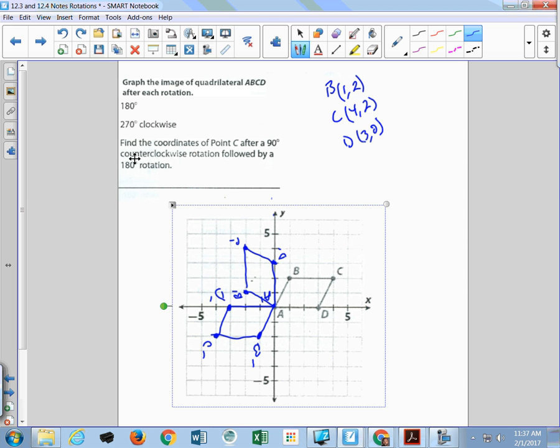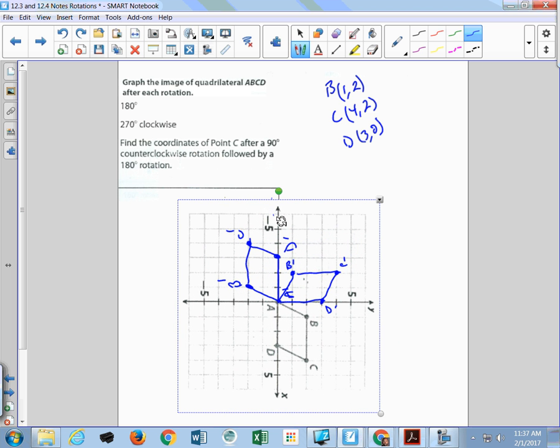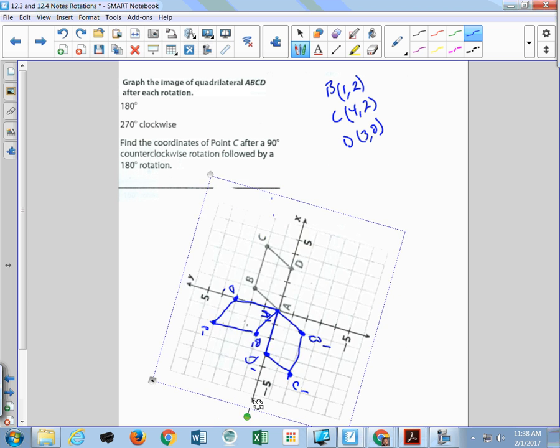Next it says find the coordinates of point C after a 90 degrees counterclockwise rotation followed by a 180. So that wants us to rotate twice, 90 and then 180. So let's look at that. 90 counterclockwise means we would turn our paper one time this way, and then 180 means upside down.